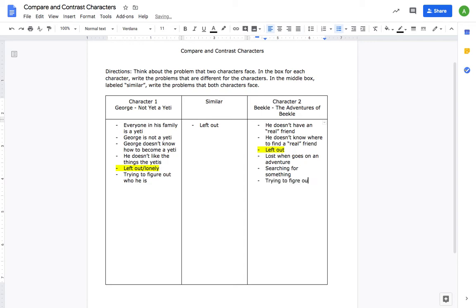And if you think about when he's with the little girl that he ends up being the imaginary friend for, he's also trying to figure out what to do and who he is. That is the same problem that George had, trying to figure out who he is.